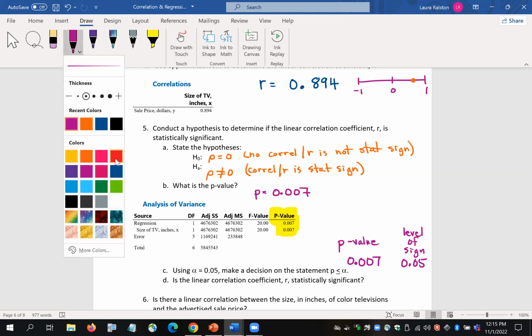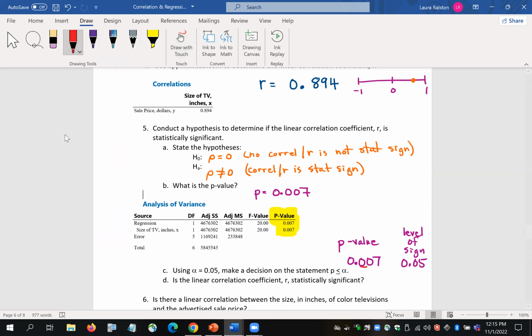The p-value is less than the level of significance, which means we're going to reject the null.